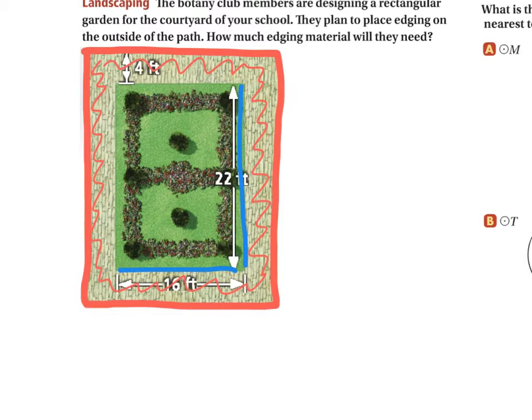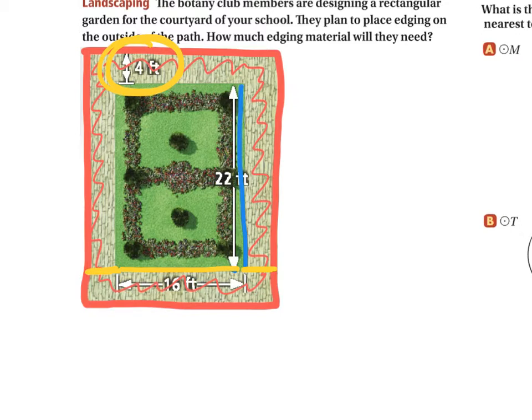So if 16 is the base, what is the base of our edging? There, take a look there. The path is 4 feet wide. And so if we're looking at the base of our garden, which is 16, but remember there's an extra 4 feet over here and an extra 4 feet over there.